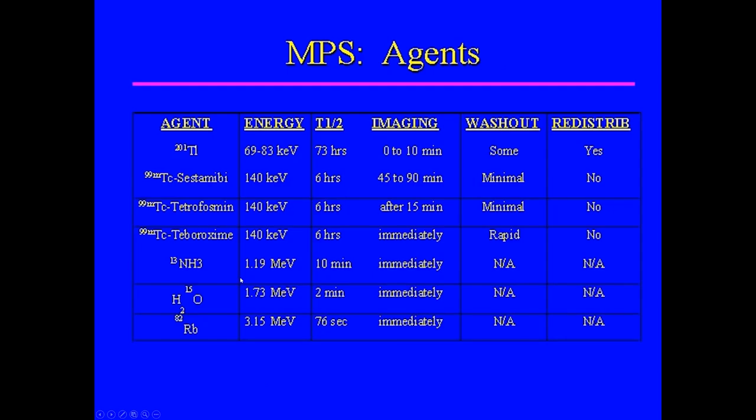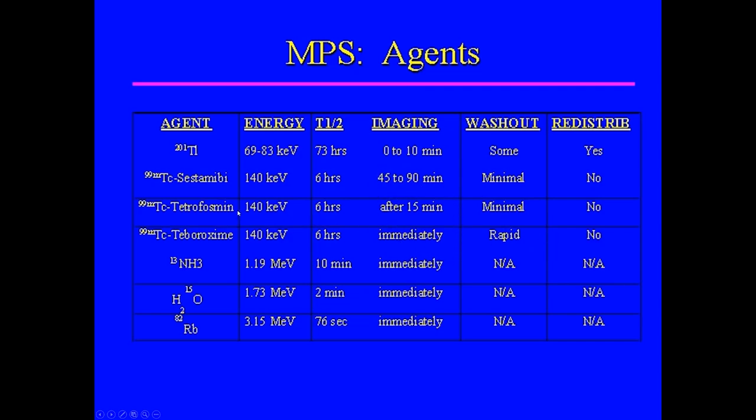There are multiple myocardial perfusion agents that are used. This list is by no means complete, but we can see that there's thallium, technetium-based tracers, and at the bottom the PET-based tracers. Different isotopes have different energy levels and different half-lives. Because of the radiopharmaceutical they're attached to, they also have different characteristics in terms of when they can be imaged, their washout and redistribution.